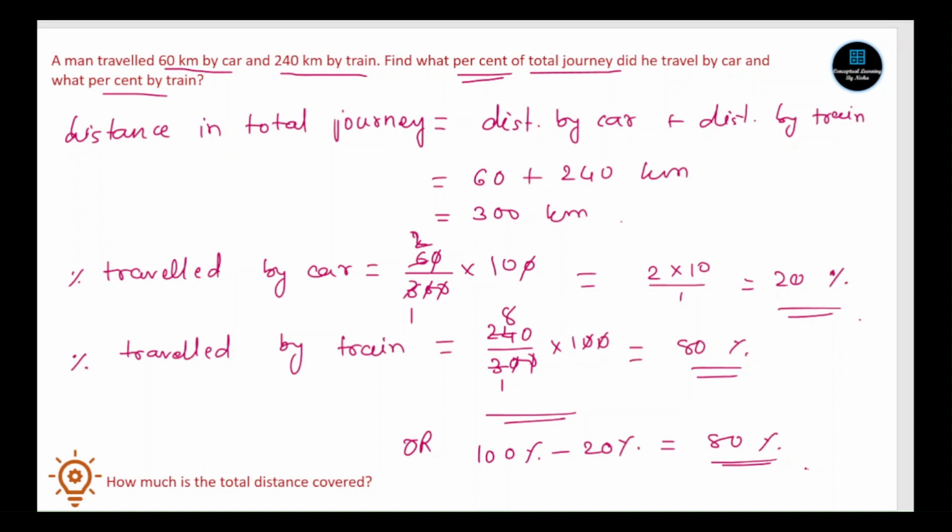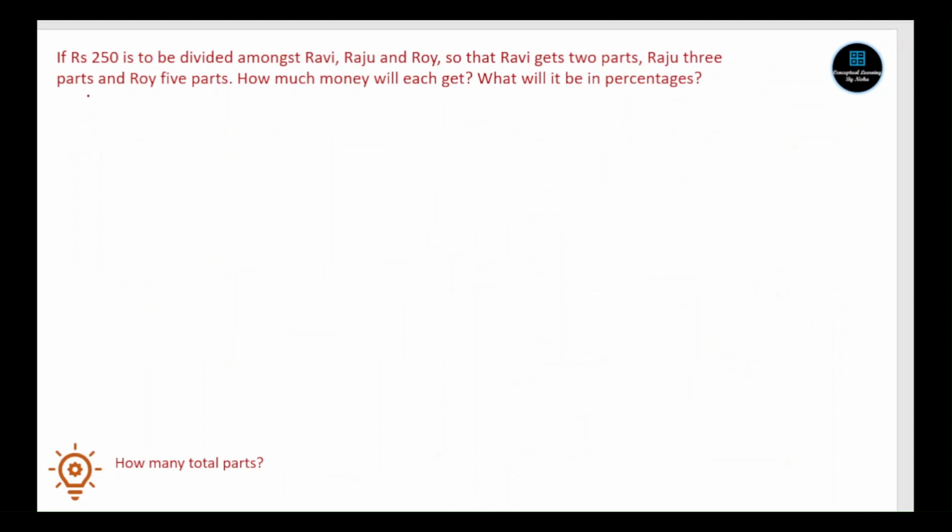All right, perfect. One more question. Okay, rupees 250 is divided amongst Ravi, Raju and Roy, so that Ravi gets 2 parts, Raju gets 3 parts and Roy gets 5 parts. How much money will each of them get and what is the percentage value?